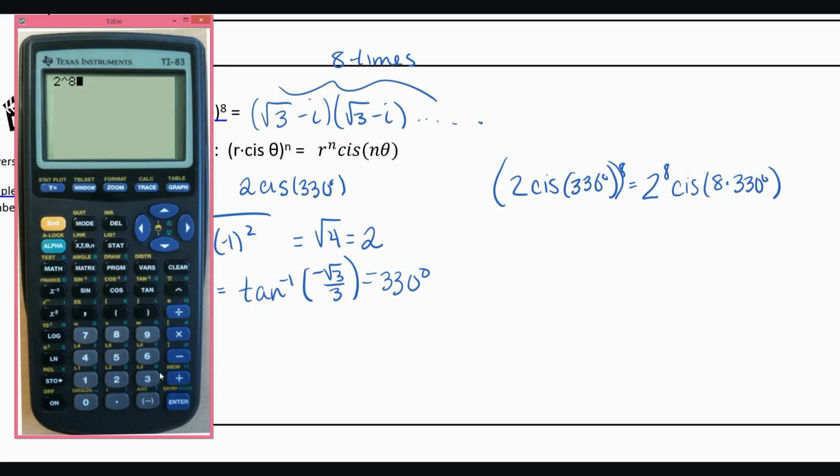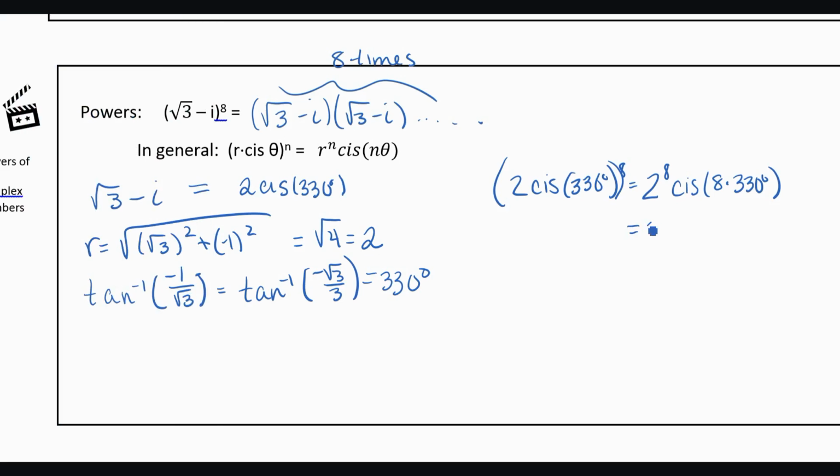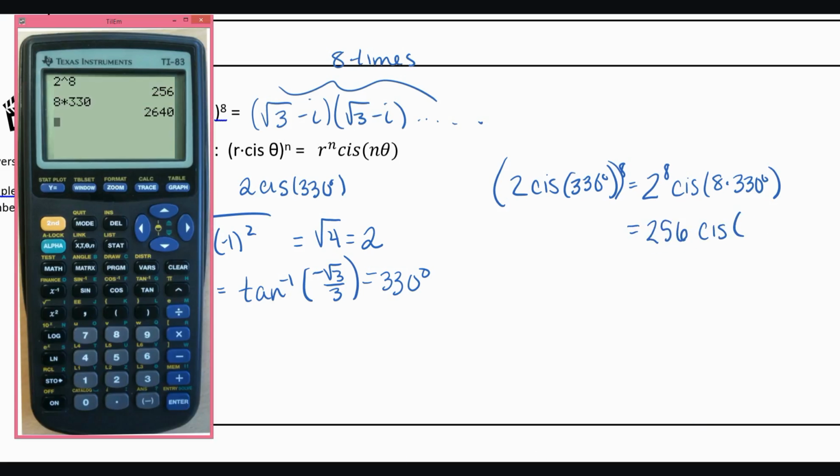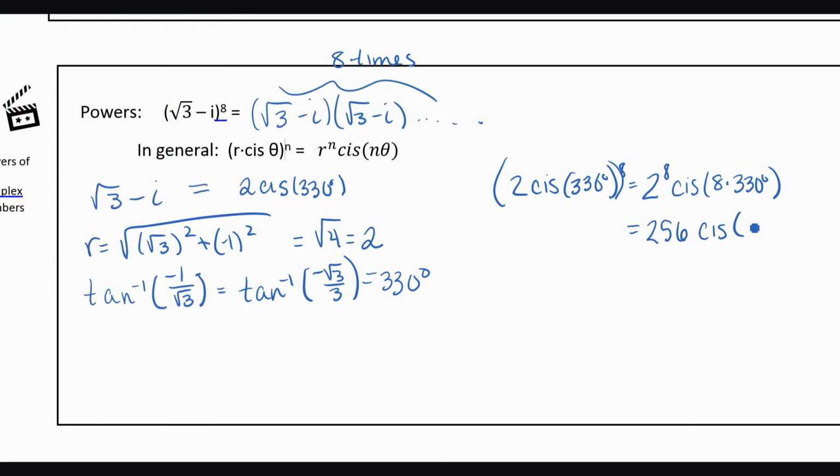So 2 to the 8th is 256, and 8 times 330 is 2640. So we're going to have 256 CIS of 2640.